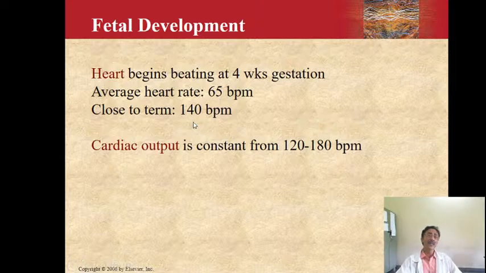At term gestation, when the mother is in labor, you keep counting the fetal heart rate, and if the heart rate is beyond 150 per minute, that means the fetus is in distress. You have to hurry up the stages of labor and deliver the baby immediately.